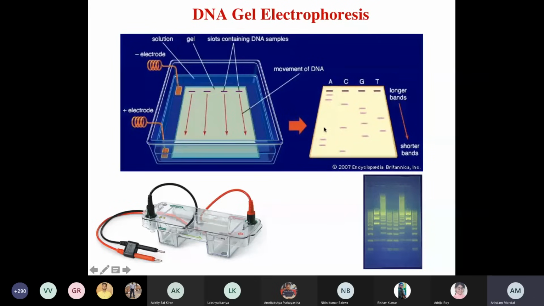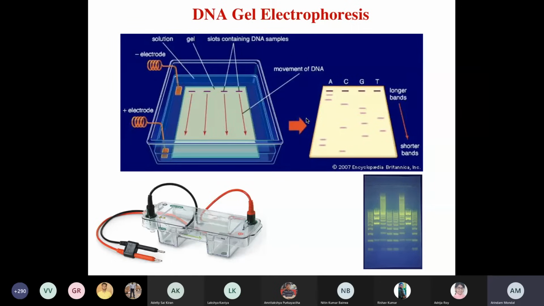The bigger the DNA molecule, the higher the frictional forces. So the higher the molecular weight of the DNA, the slower it migrates. So you can separate different DNA molecules based upon their molecular weight.